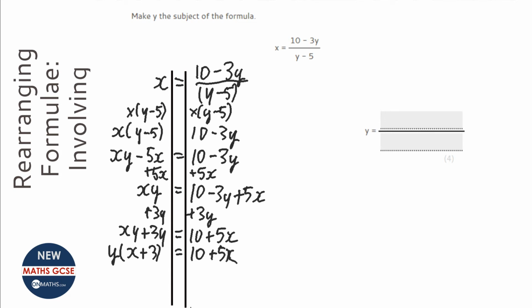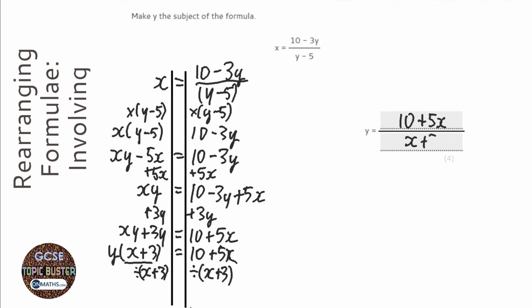And then I'm going to divide both sides by x plus 3. When I do that, I get y equals 10 plus 5x over x plus 3. And I don't need the brackets anymore.